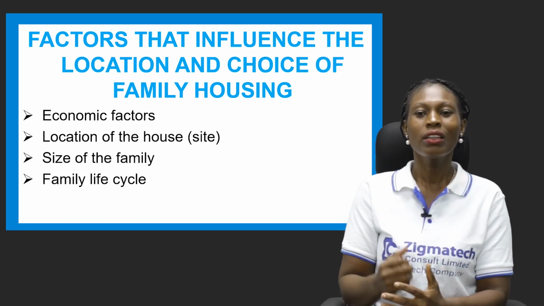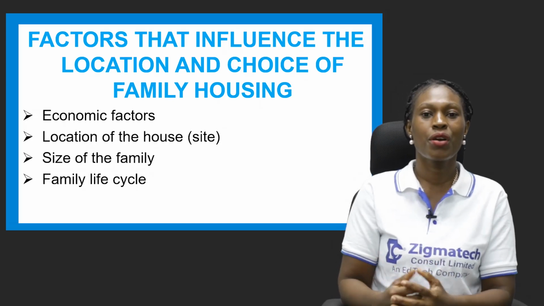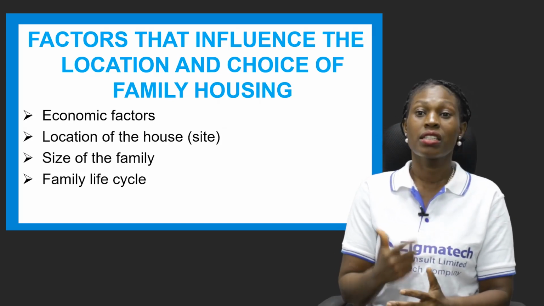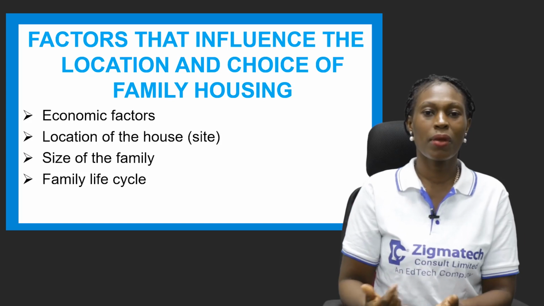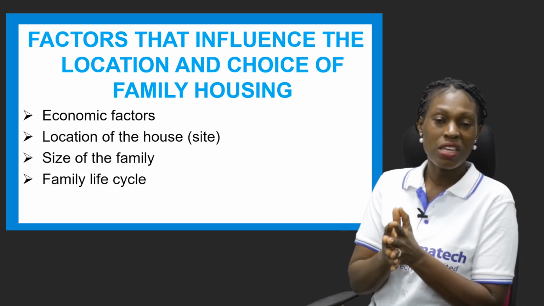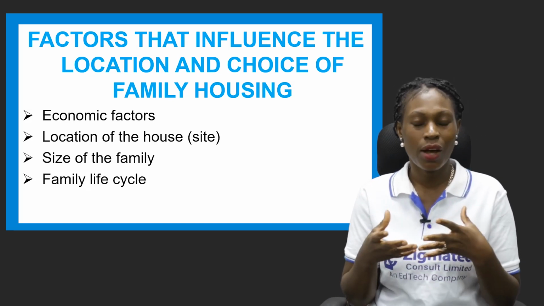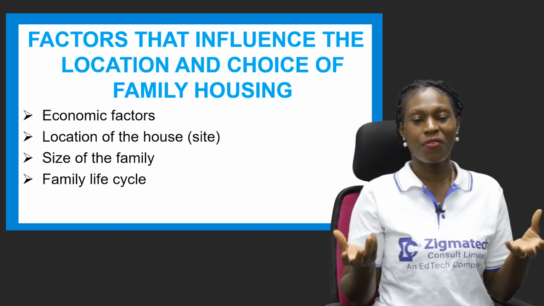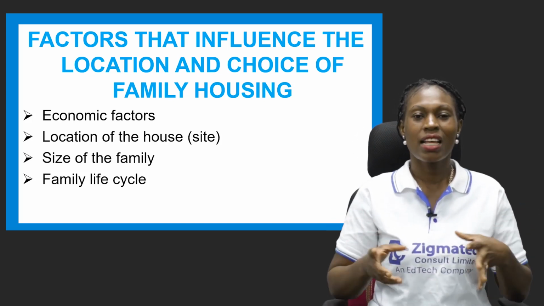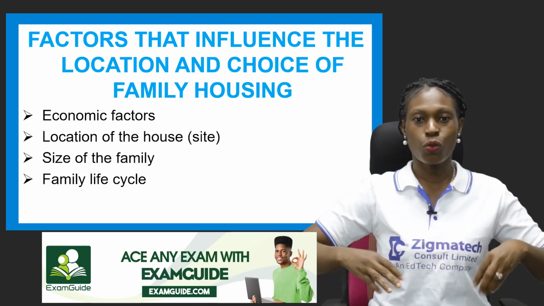The next one is the size of the family. The size of the family is very, very important too. It influences the location and choice of the family house. Maybe mommy and daddy got married, they were just in a self-contained or maybe a one-bedroom flat, and then they had the first child, the second child. They would definitely need more space, and then they would want to move out and get more space because the family is increasing.